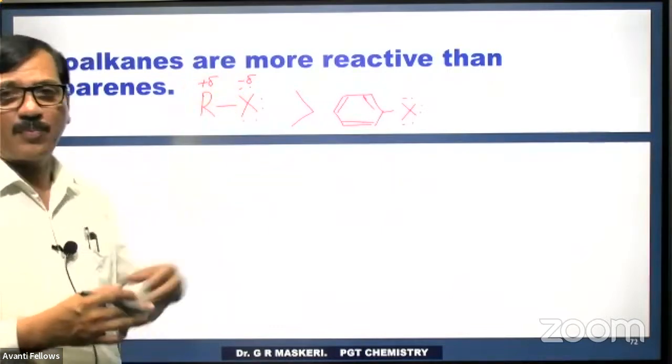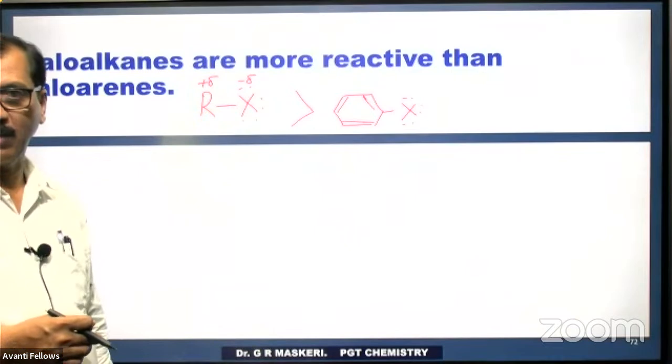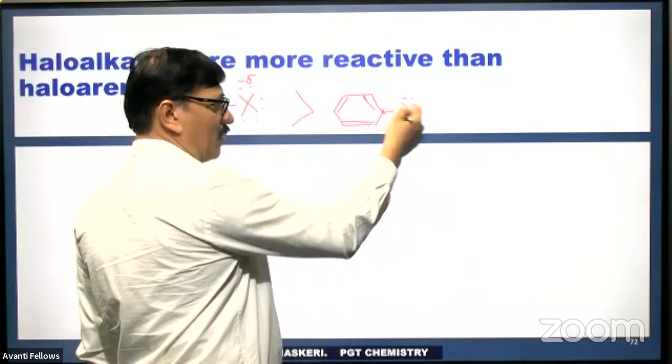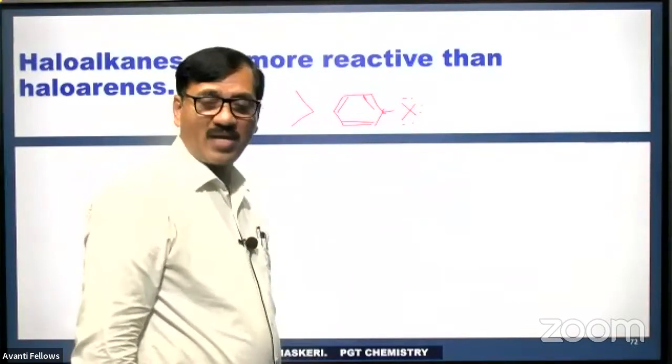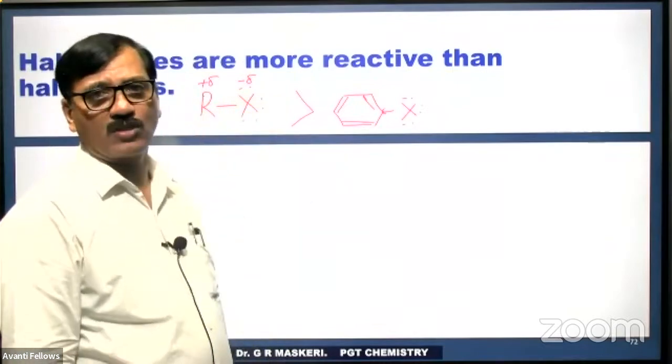Already the charge separation is there. Therefore, breaking is easy. But what about the haloarene? Of course, this also has a carbon halogen bond. You may ask me that, because it also has a carbon halogen bond.